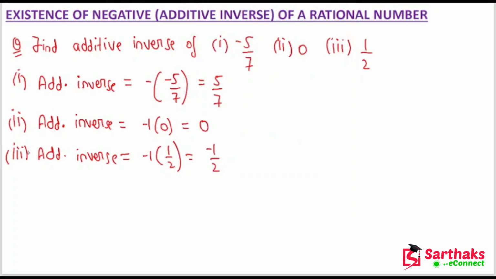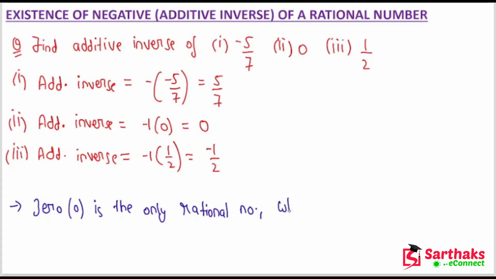So you can conclude that 0 is the only rational number which is additive inverse of itself.